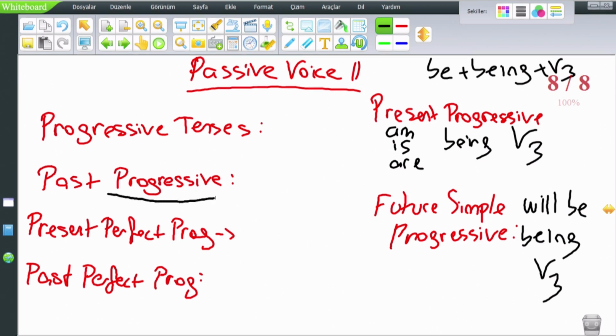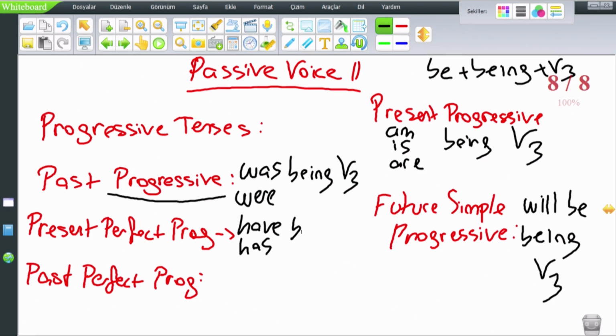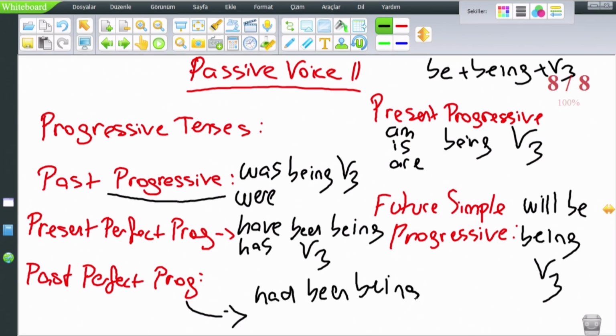If we're talking about past progressive, was or were, being, verb 3, and have, has been, being, verb 3, had been, being, verb 3. This is our rules we use in passive voice 2.